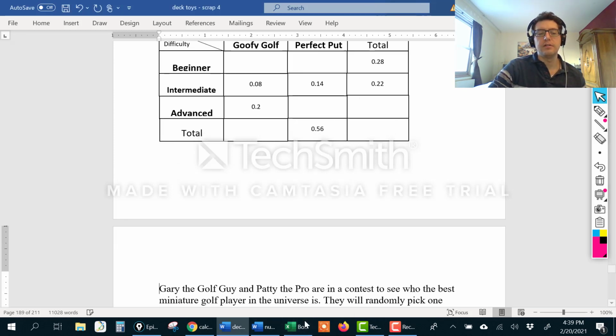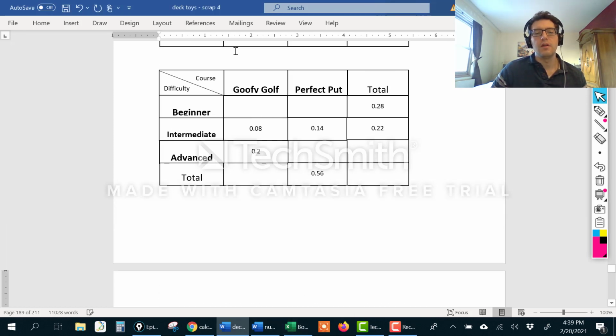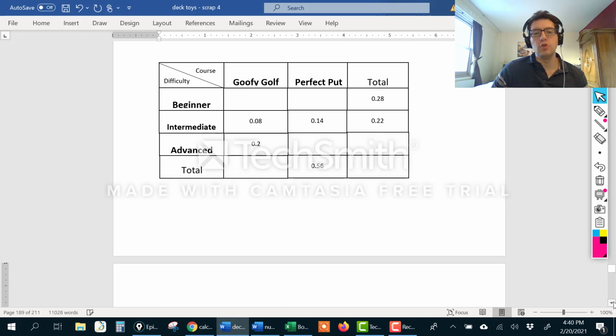This is for later. Is it possible to reconstruct the relative frequency table based on the information that we still have, these entries over here? I'll let you think about it for a second. Pause the video and see if you can do it.